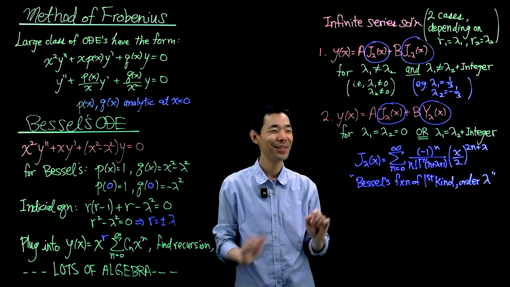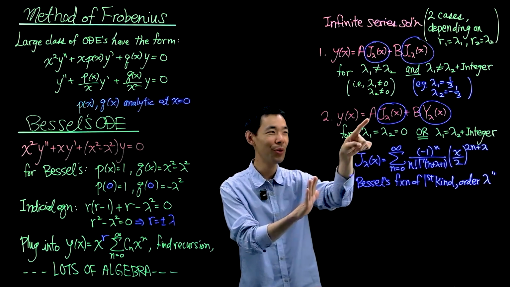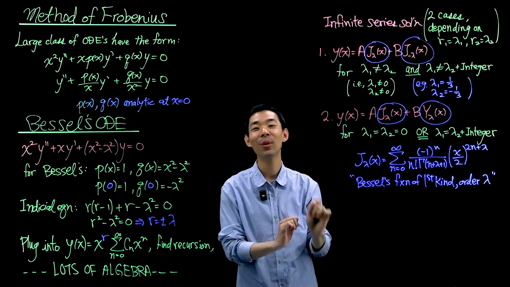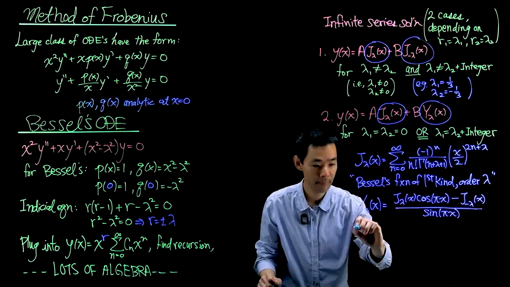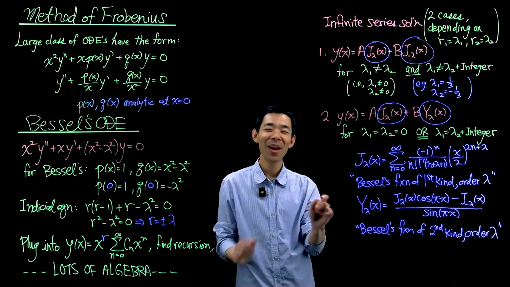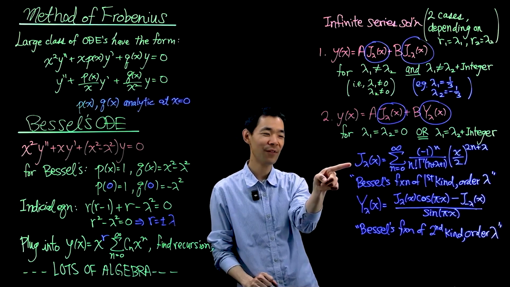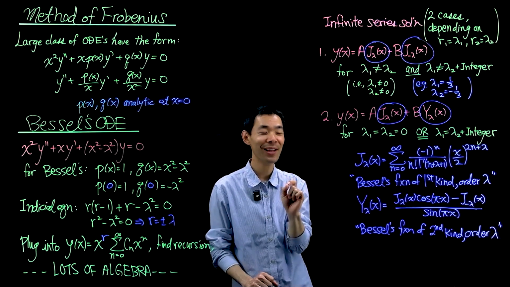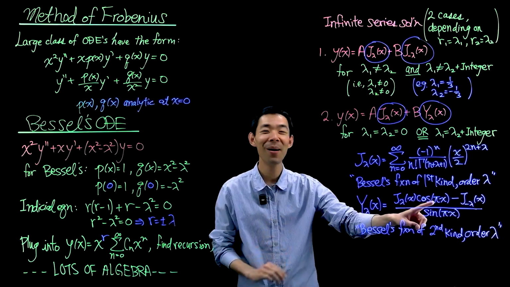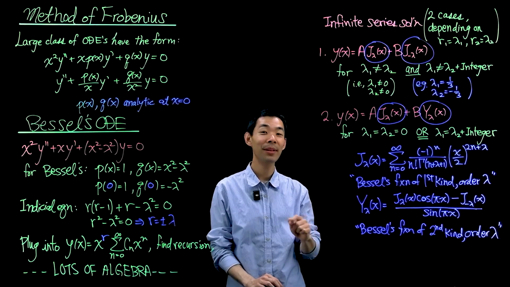All right, so I'm going to plot this function for you in a little bit, but let me just go through the other function, y sub lambda, and tell you what that looks like. You take combinations of j sub lambda, which we just defined, the Bessel's function of the first kind, and you tack on a cosine of pi times x minus j sub negative lambda.